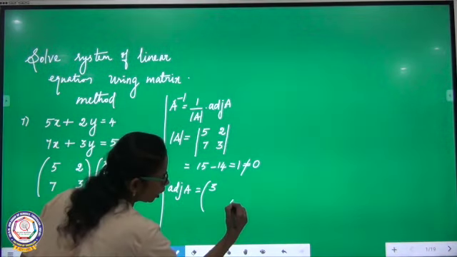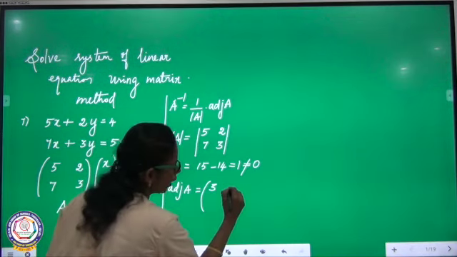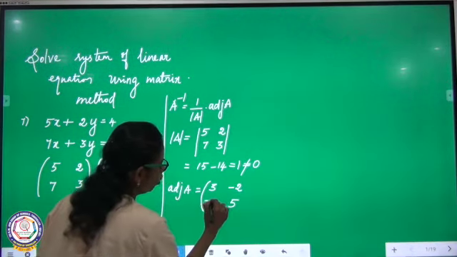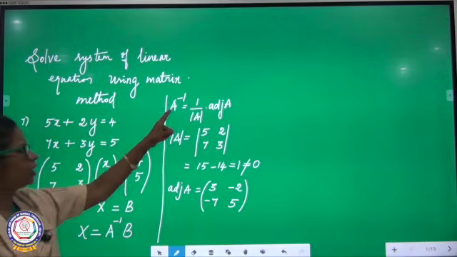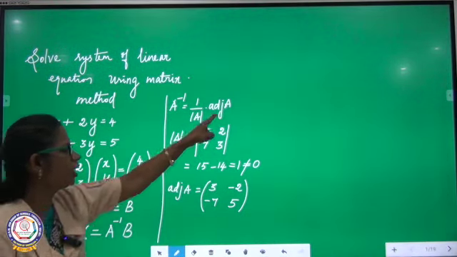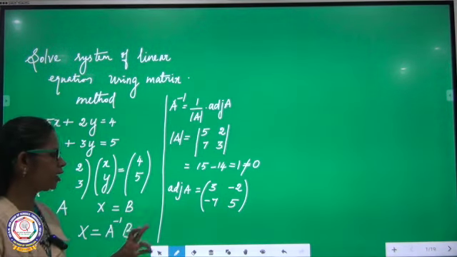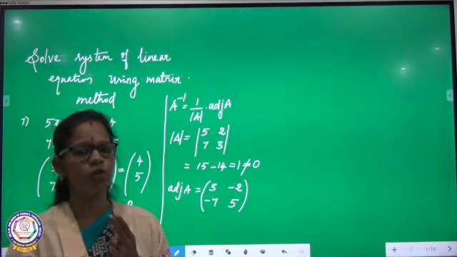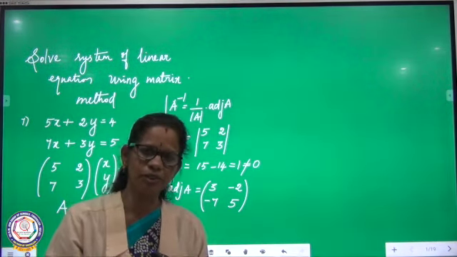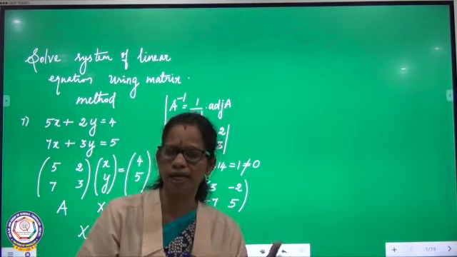Change the sign of the sub-diagonal, minus 2, minus 7, right? In A inverse we had 1 by determinant A into adj A. For that I found determinant A and adj A. I said using determinant A we can say two things. One is the system is consistent, it has a unique solution. Another one is the inverse exists.